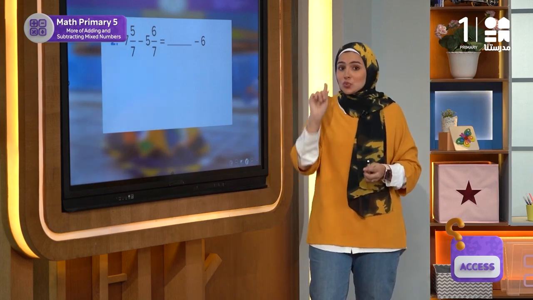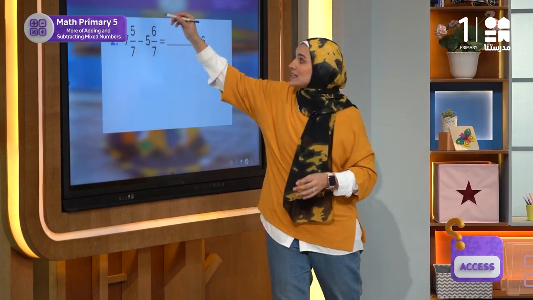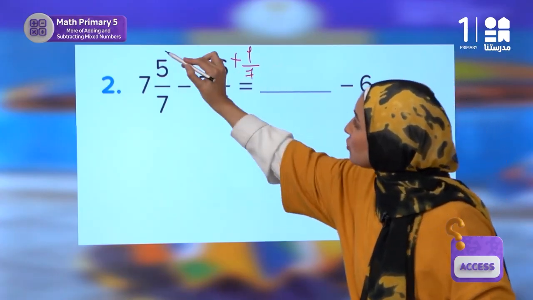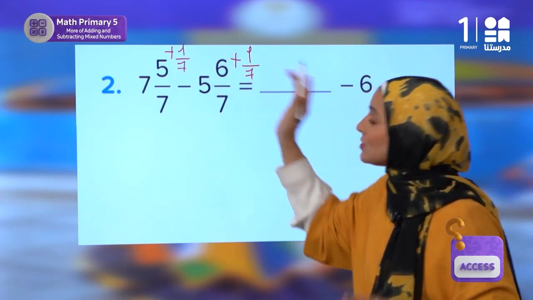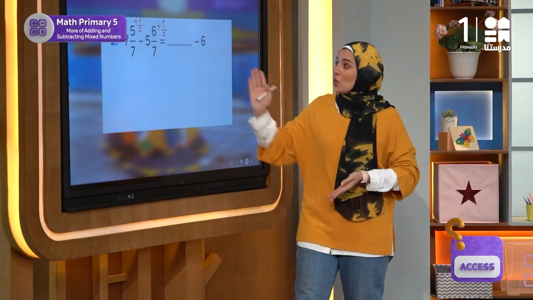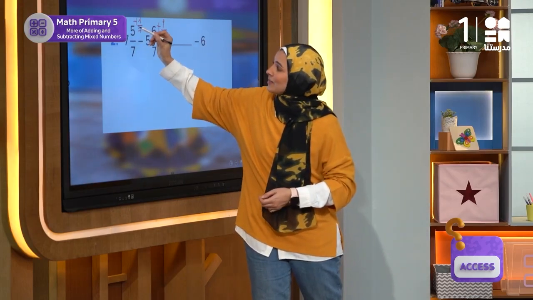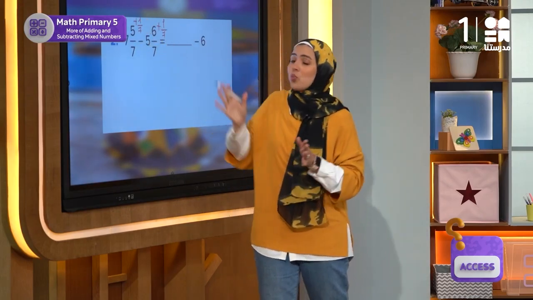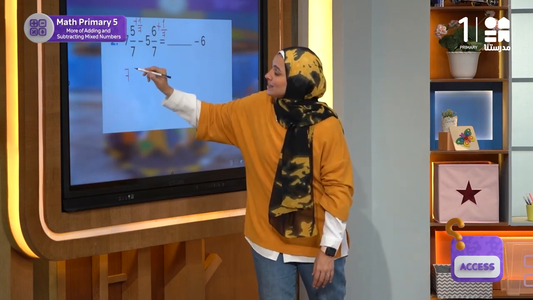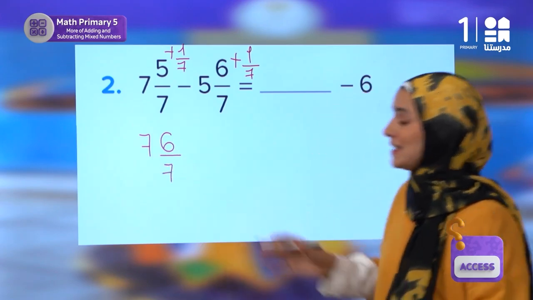So we will add what? Let's check. I want here to add 1/7. And I will not forget to add here also what? 1/7. So now what are we going to do? When we look over here, this is 7, 5 over 7 plus 1 over 7. So it becomes 7 and 6 over 7.